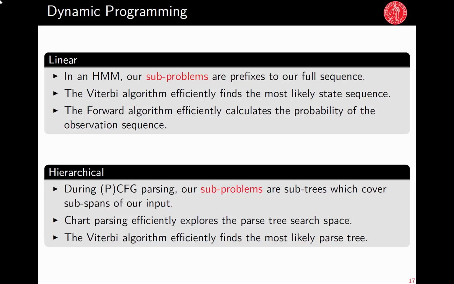In the HMM, we introduced these V of i, x, I think we called them, the Viterbi matrix and the forward matrix, to record the intermediate solutions.